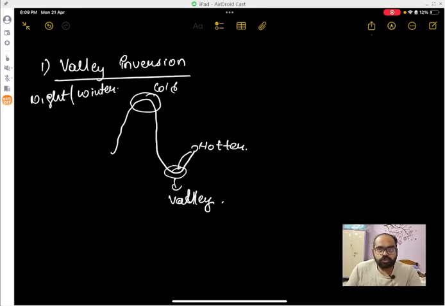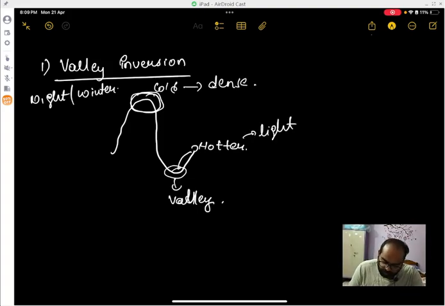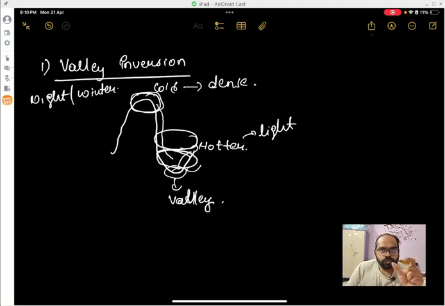Cold air is dense in nature, hotter air is light in nature. Because of this, the cold air descends down and settles in the valley, and hotter air rises up because it is less dense. So at valleys we can see during winters or during long nights, the valleys are colder compared to upper regions.